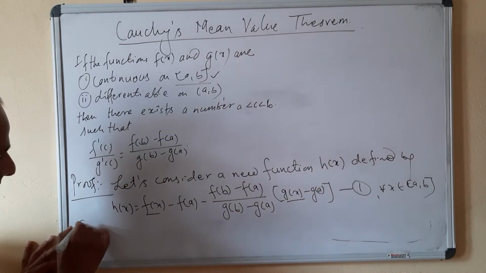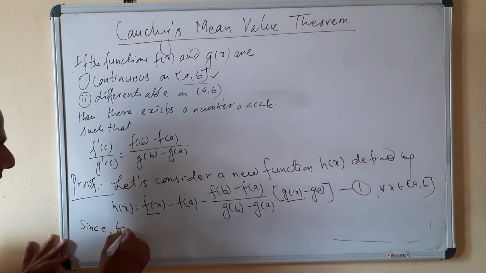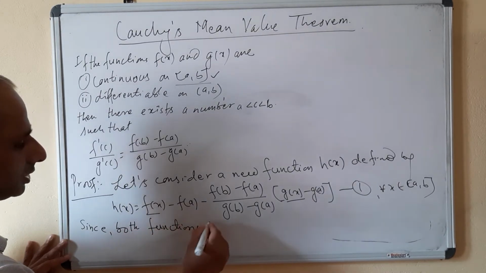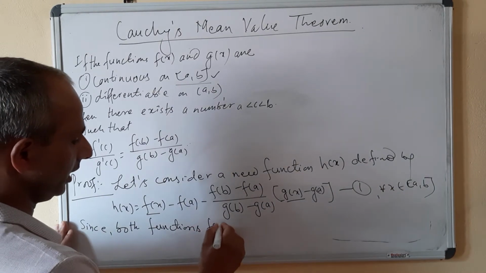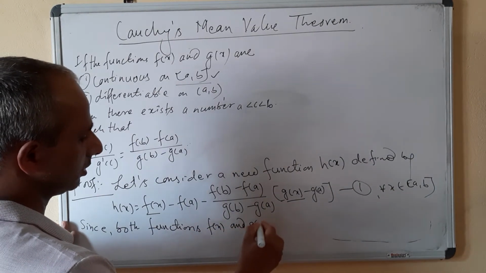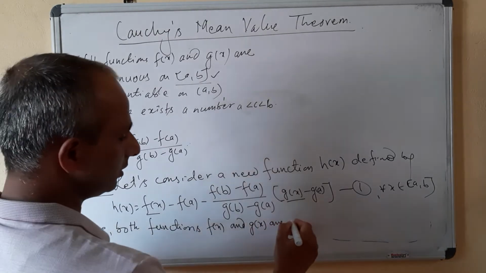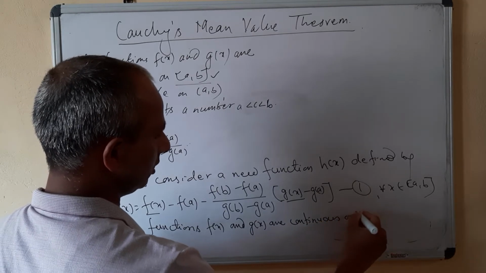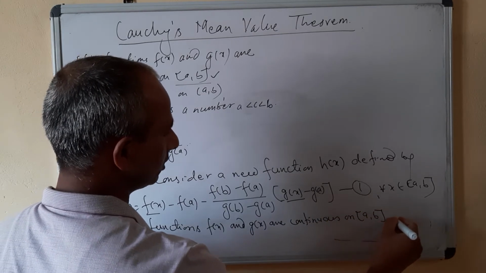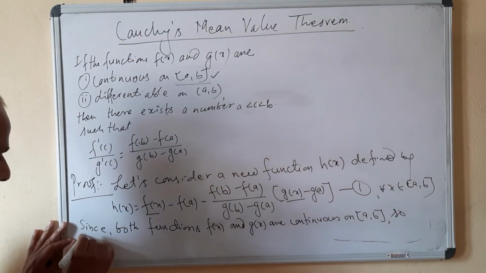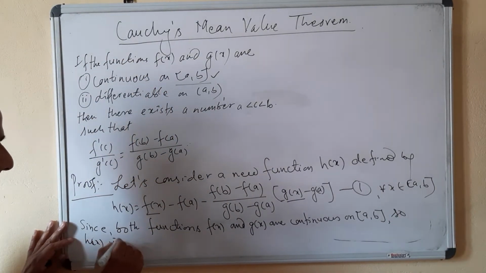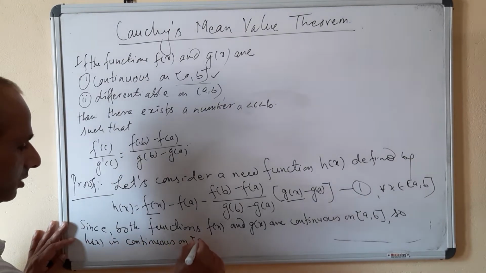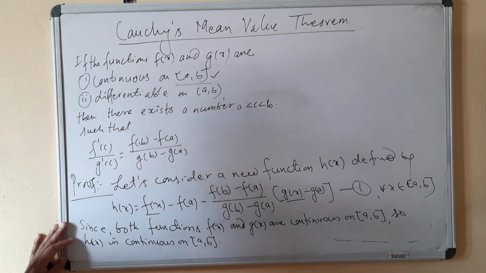Then we write here: since both functions f(x) and g(x) are continuous on the closed interval [a, b], h(x) is continuous on the closed interval [a, b].